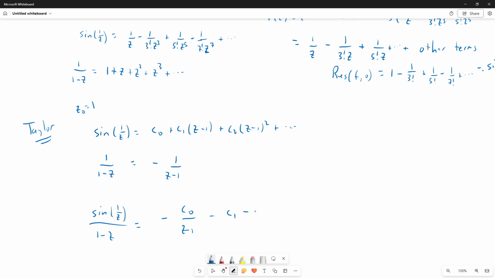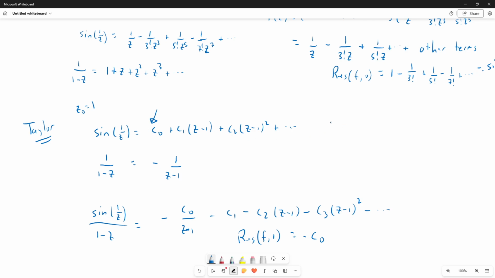So we're going to get minus c2 times z minus 1, and then minus c3 times z minus 1 squared, etc. And so we can see that the residue at 1 is the coefficient here of 1 over z minus 1. It's negative c0, where c0 is the constant term in our Taylor series.